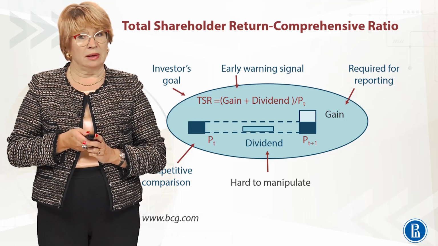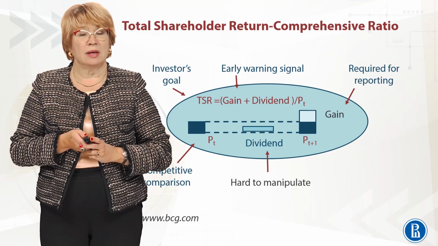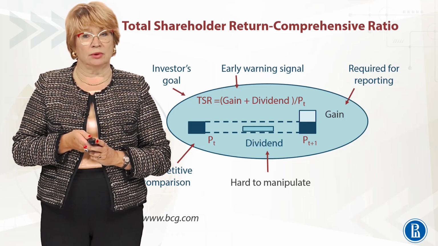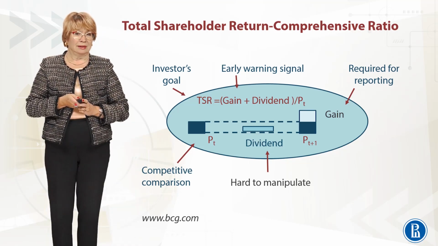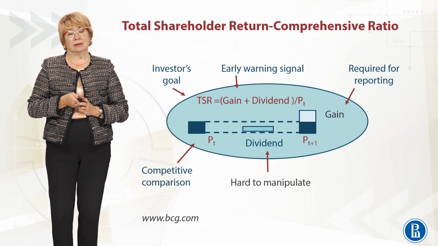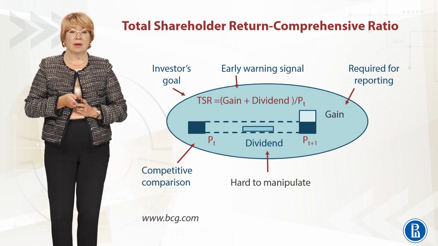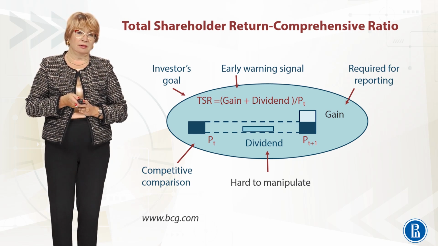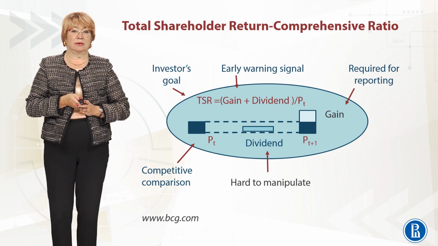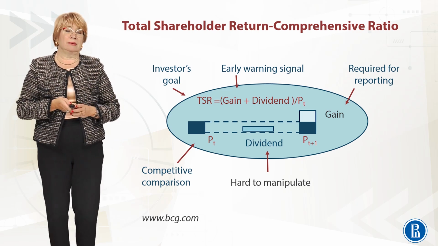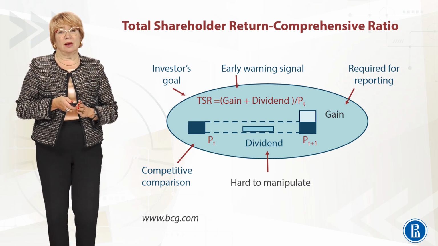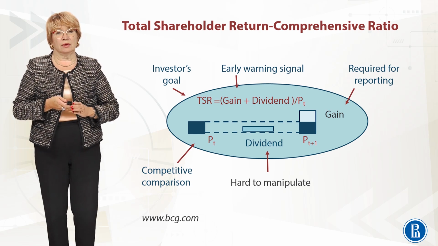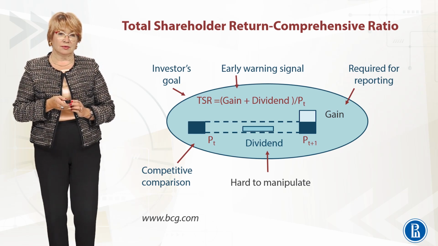In some national reporting standards, capital gain must be reported by the investors, and it would also be taxed at some income tax rate. And the dividends are very evident. They also appear openly in the market, and it's really hard to manipulate this particular component of TSR analysis.